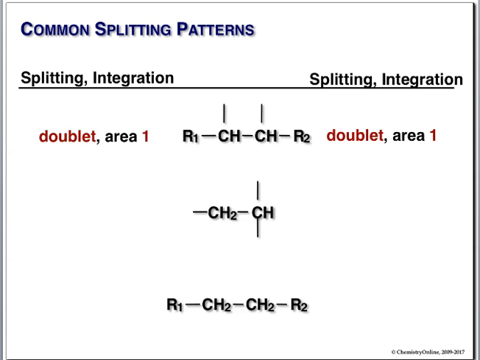We have a CH2, so area 2, next to 1 hydrogen. So it's split into 2 peaks, doublet, area 2. 1 hydrogen, area is 1, next to 2 hydrogens, it's a triplet.